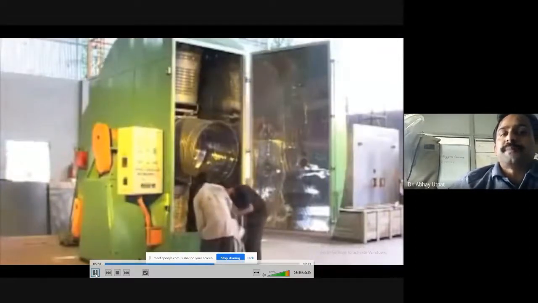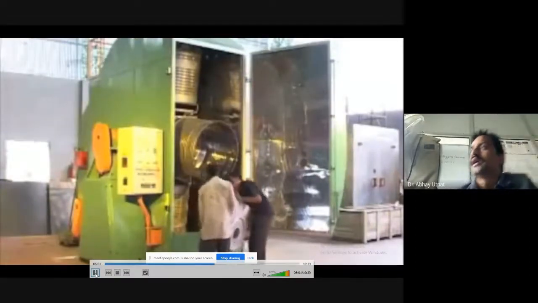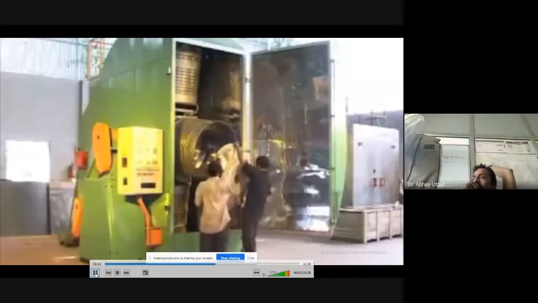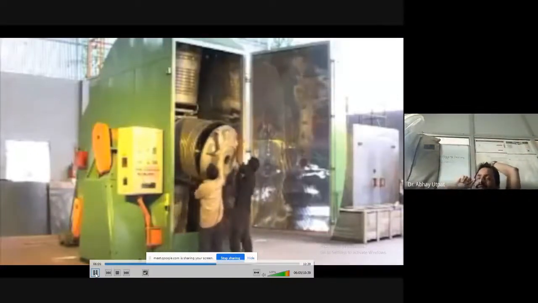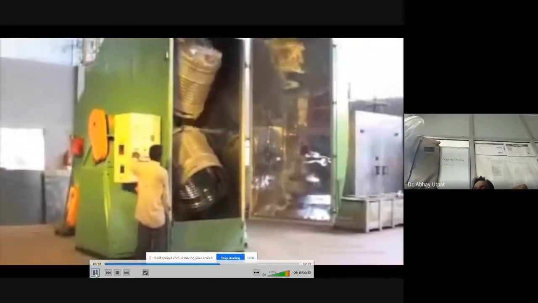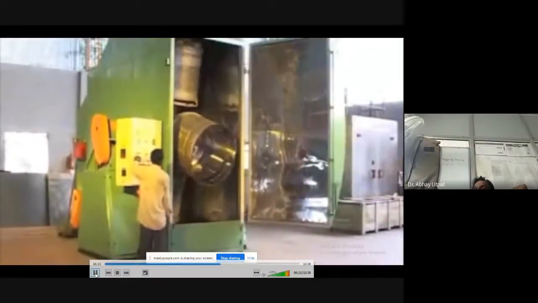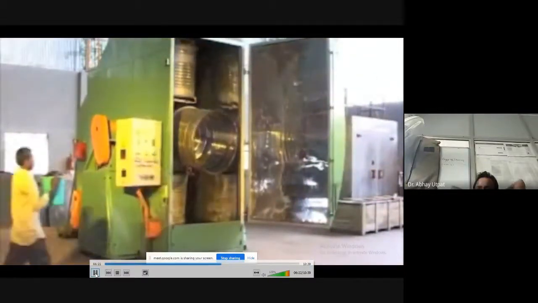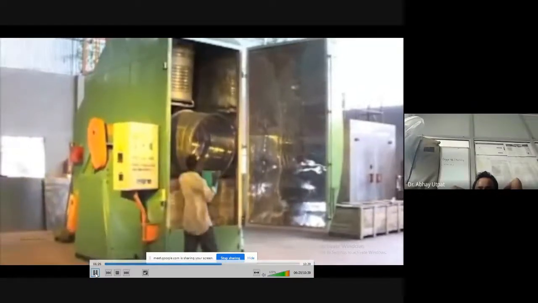Now see, the cap is fitted. After fitting the cap, the person is tightening the bolts. And now see how it is rotating at its own axis as well as at the center axis. Once again, the second mold is filled.